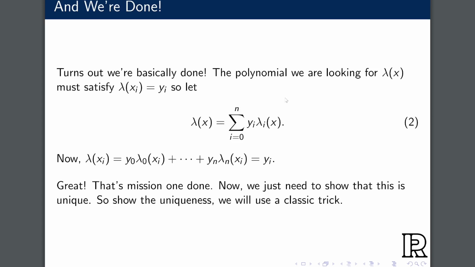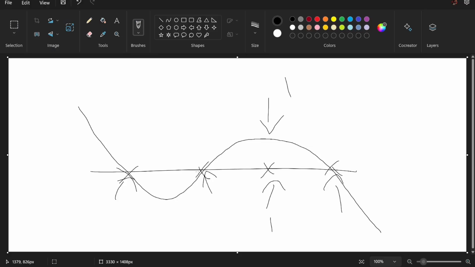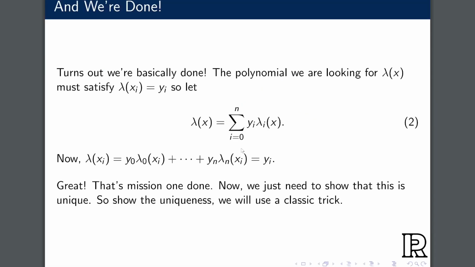Because if I multiply lambda i by yi, now it's going to take the value yi at xi and 0 at all the other points. So we're basically scaling our polynomial to make it equal to yi at the top instead of 1. And then when we add them all up, we get exactly what we want.